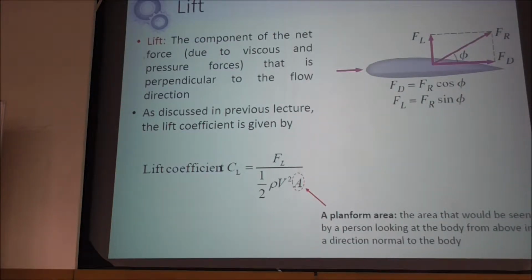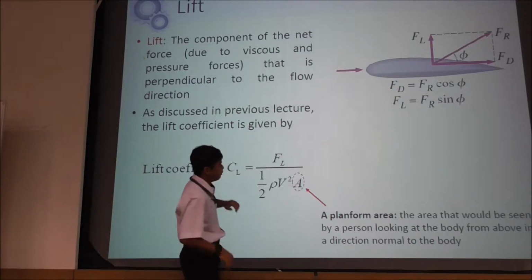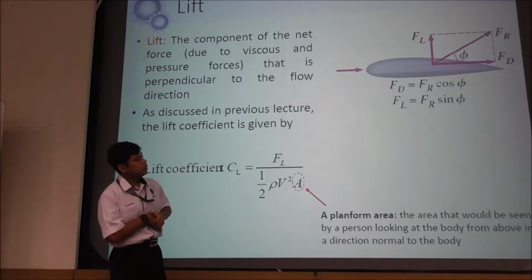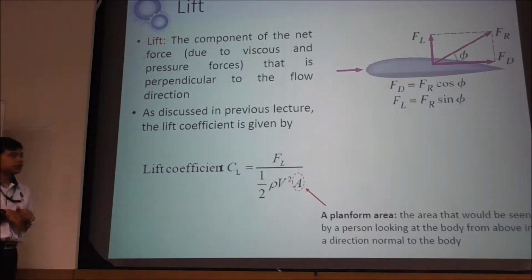Okay, all this while we have been talking about the drag force. Now we are talking about the lift force. You know that whatever force comes into a surface will be split into two, the tangential and the normal force. Depending on the component, each can contribute to the drag or to the lift.